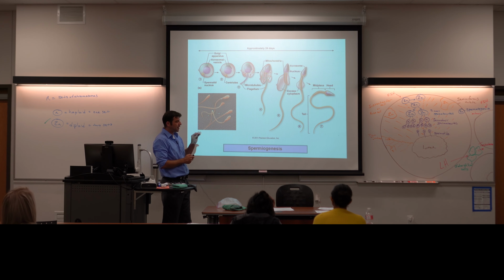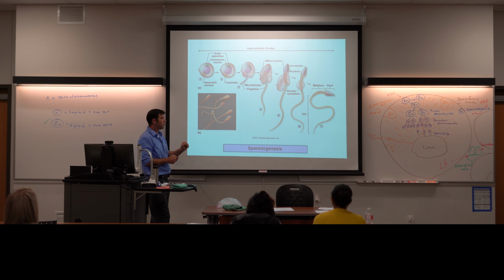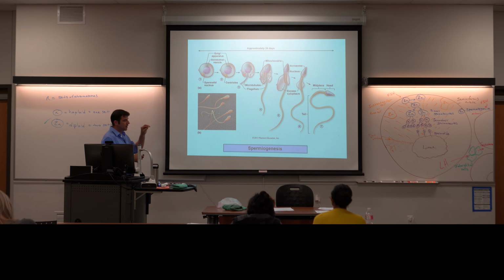That acrosome, if it hits the surface of the egg, is going to be able to eat through the wall of the egg and drop those 23 chromosomes. I think there's something in the lecture handout that wants you to know the acrosome is found on the head of a sperm, and it's that digestive enzyme that allows it to eat its way through the egg.